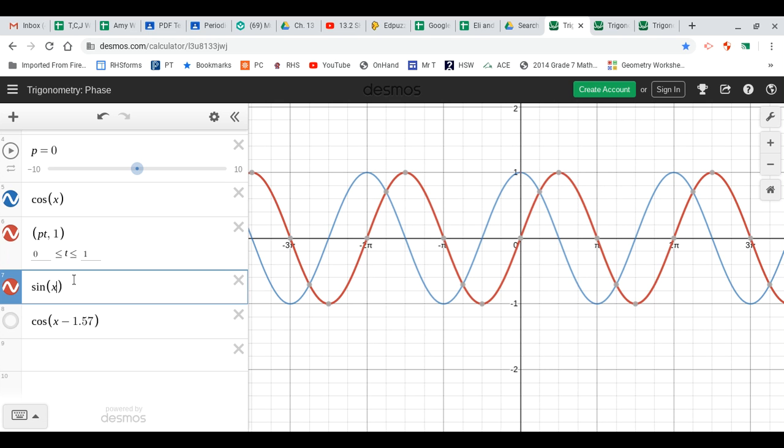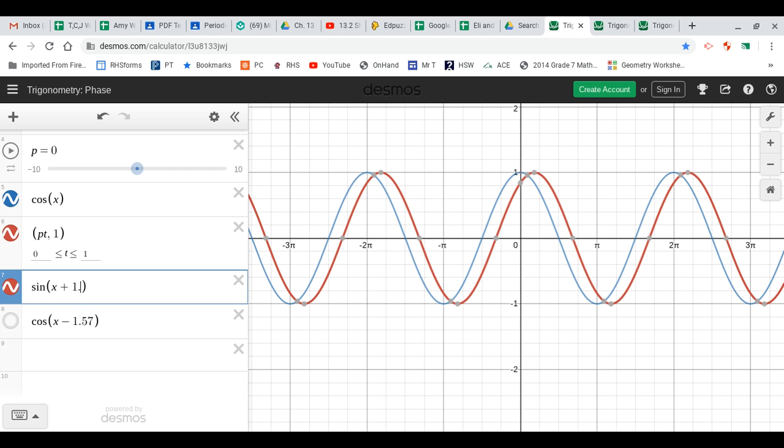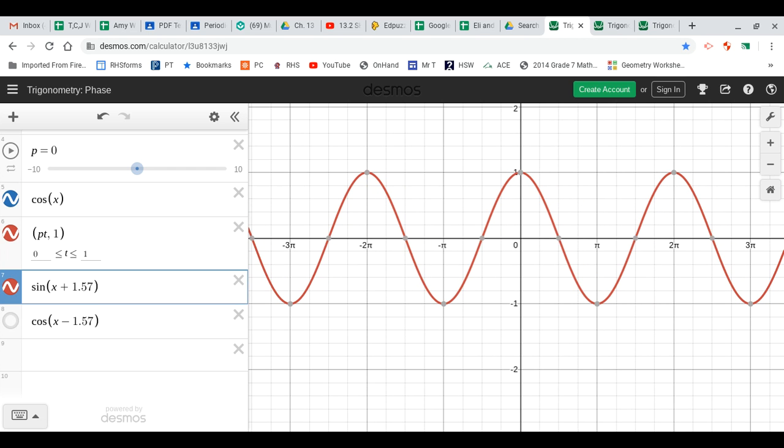By pi over 2. Now, if I want to slide to the left, I add 1.57 or pi over 2 to that quantity. And you can see now that overlaps with the basic cosine function.